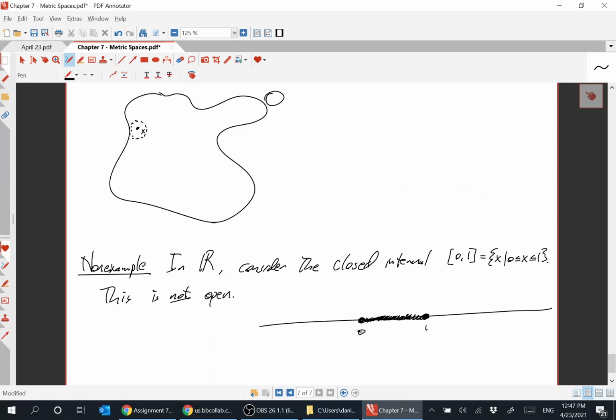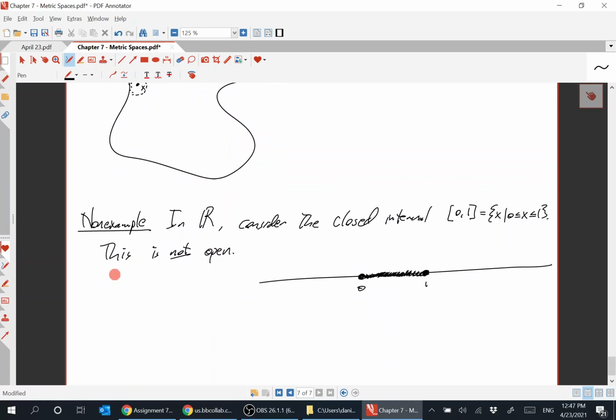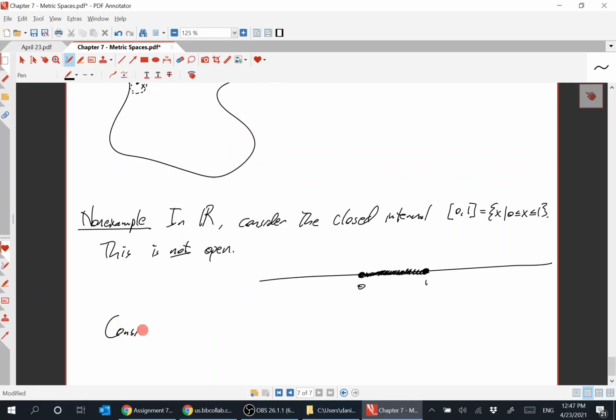All right, consider x equal to 1. Let r be bigger than 0. Now let's do it around 0, actually. The ball of radius r around 0.